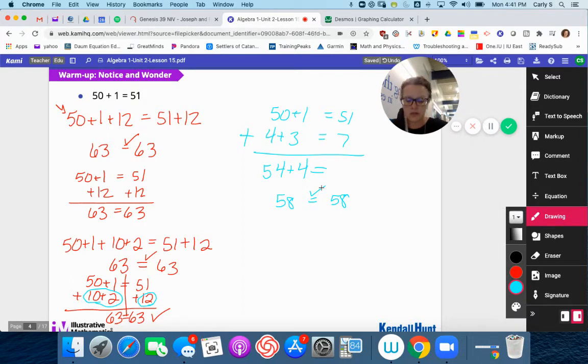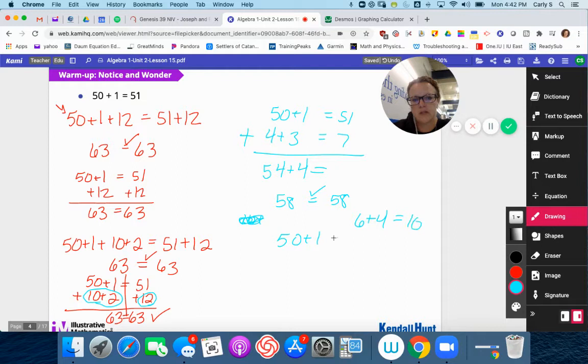Okay, so question 2 says, still eat my snack. Write a new equation that, when added to 50 plus 1 equals 51, gives a sum that is also a true statement. So if I look, I could do, I don't know, let's do 6 plus 4 equals 10.